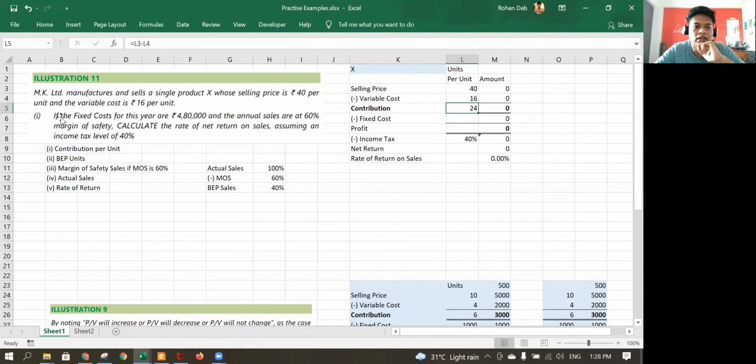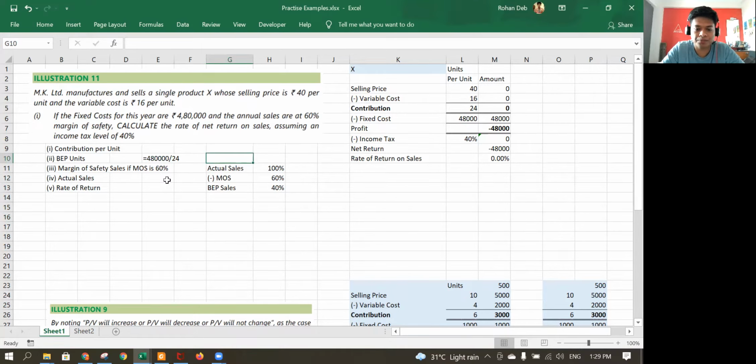Now it's given that fixed cost is 4,80,000. So if my fixed cost is 4,80,000, what is my break-even point? Break-even point is a point at which there is no profit or loss. So how do we calculate the break-even point? Fixed cost divided by contribution. So we would do 4,80,000 divided by 24.